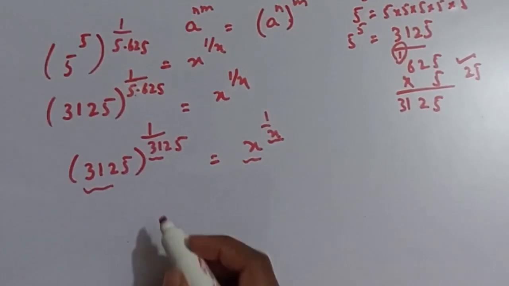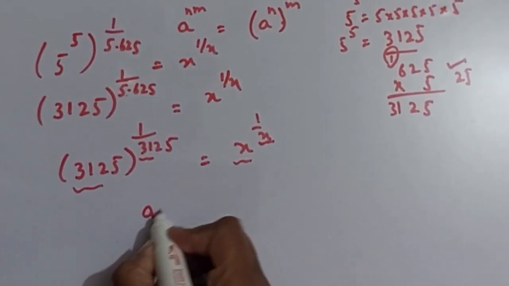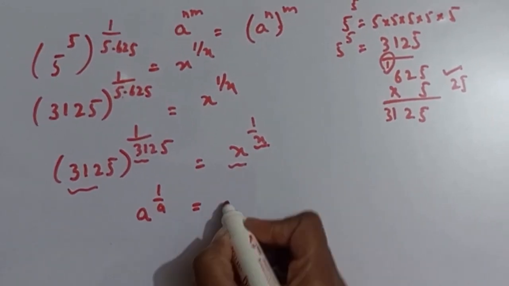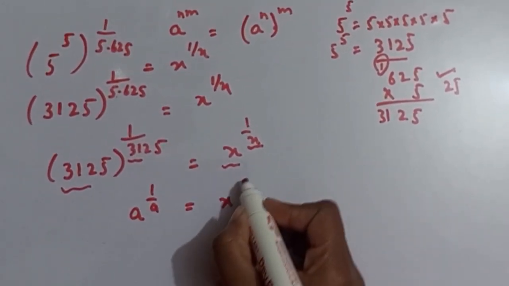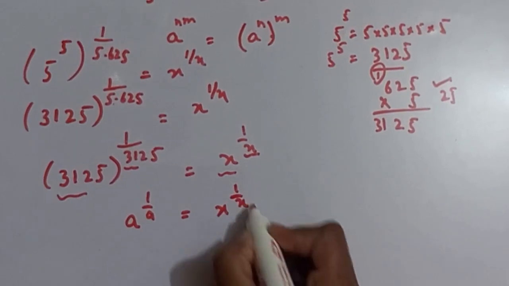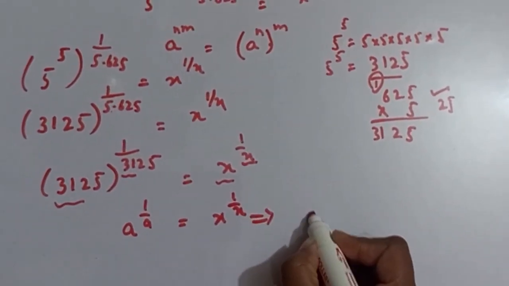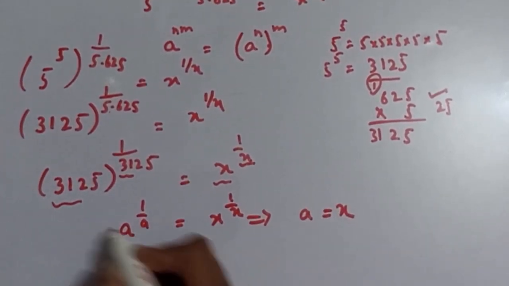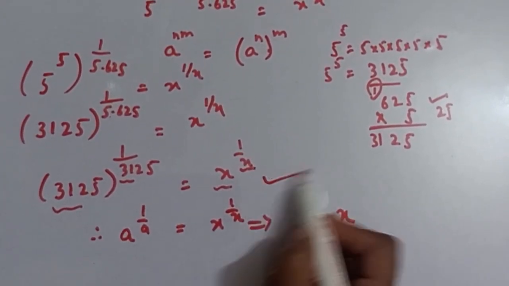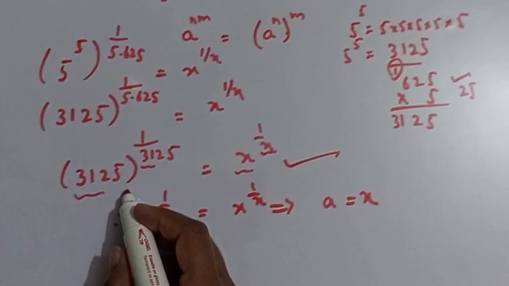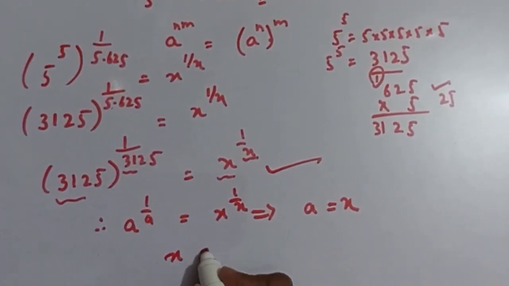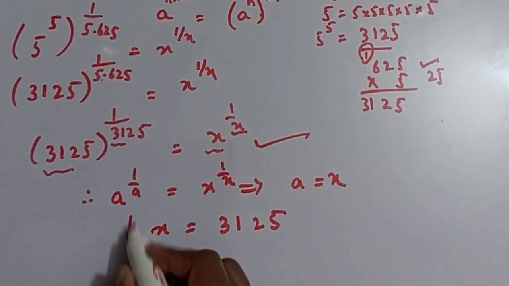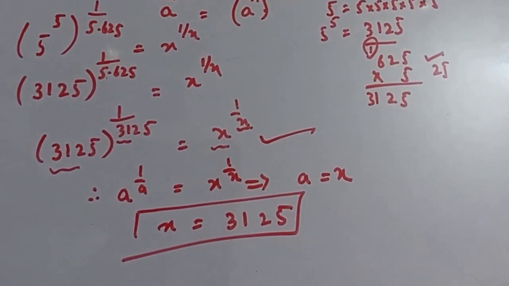So here we use this identity: if a raised to the power 1 over a is equal to x raised to the power 1 over x, then this implies a is equal to x. We apply this identity on this equation. According to this identity, we have x is equal to 3125, and this is the answer for x in our question.